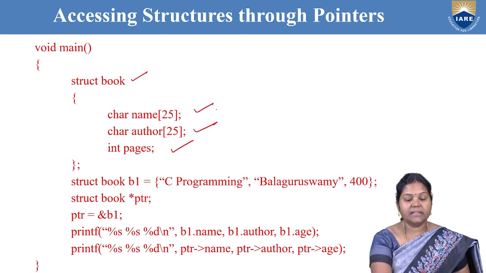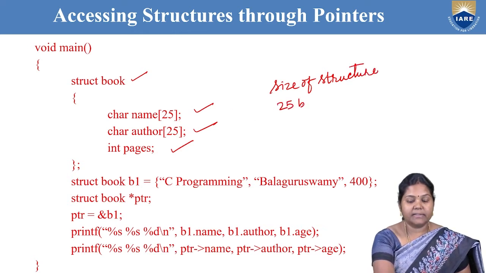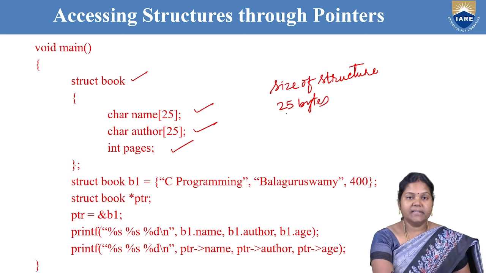If you want to find the size of the structure, the first one is the name, which requires 25 bytes, because the size of each character is 1 byte. Author also requires 25 bytes, plus pages is an integer which requires 4 bytes.